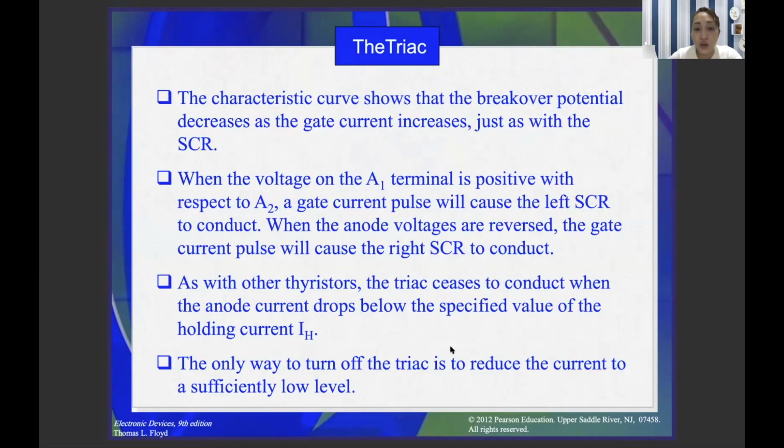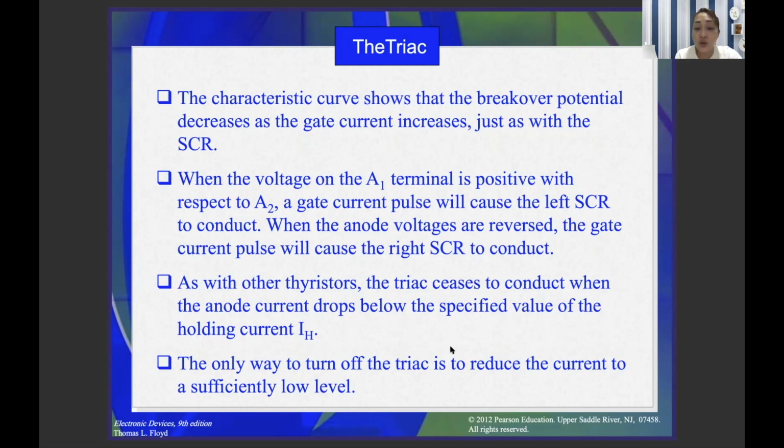So the characteristic curve shows that the breakover potential decreases as the gate current increases, just as with the SCR. When the voltage on the A1 terminal is positive with respect to A2, the gate current pulse will cause the left SCR to conduct. When the anode voltages are reversed, the gate current pulse will cause the other SCR, the right SCR, to conduct.